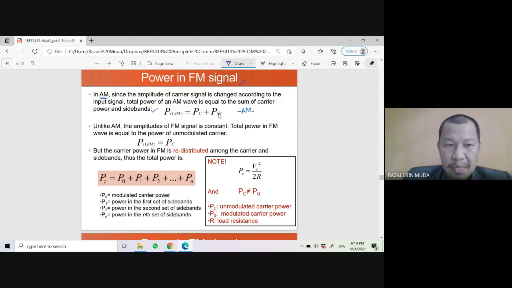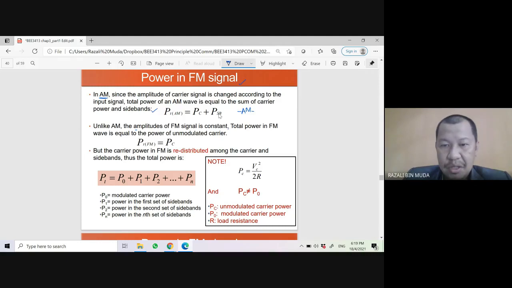But in this chapter for FM, unlike AM, the amplitude of the FM signal is constant.